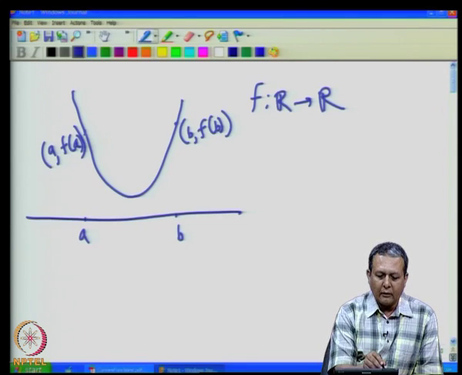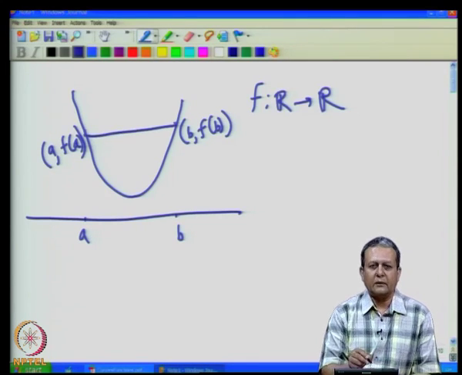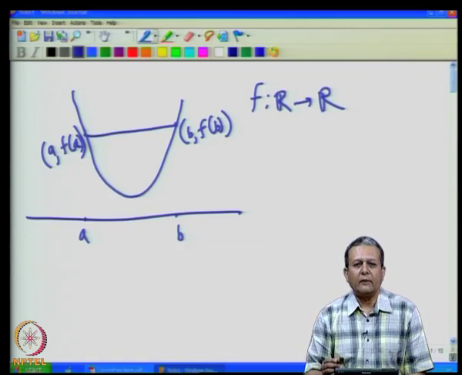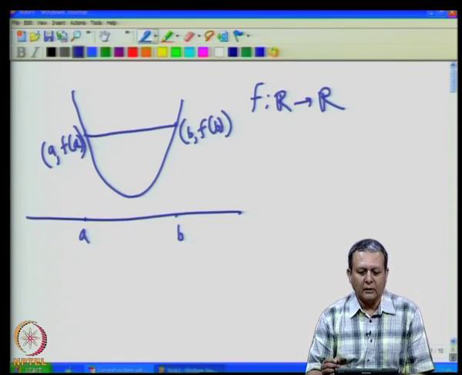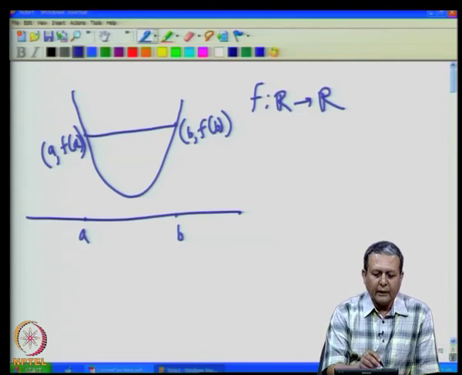Now, if you take a chord joining these 2 points, so in the case of convex functions, this chord always lies on or above the function, or in other words, suppose we interpolate the points on this line segment joining A, f(A) and B, f(B).